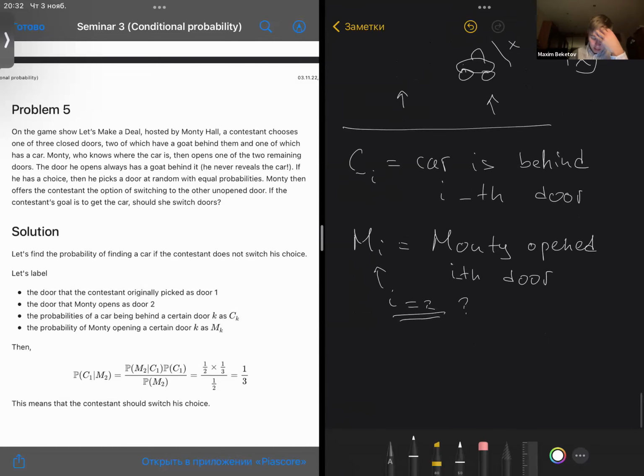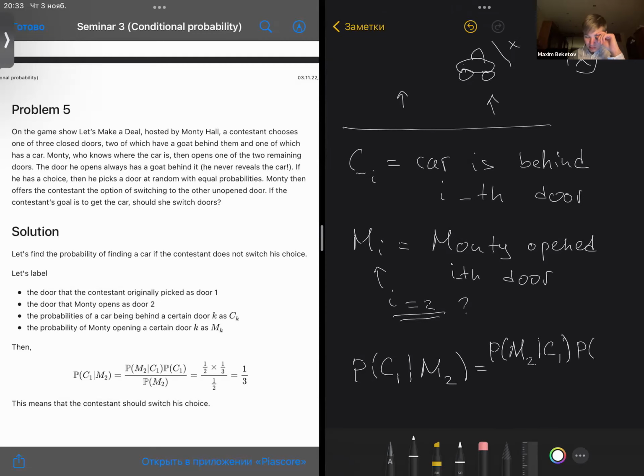Then what we are interested in is the probability of the car being behind door number one, given that Monty opened the second door. That is the probability of Monty opening the second door, given that the car was behind the first one, right?